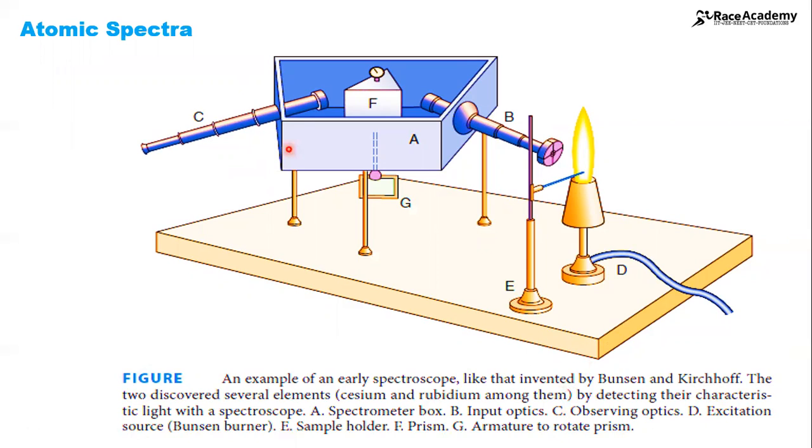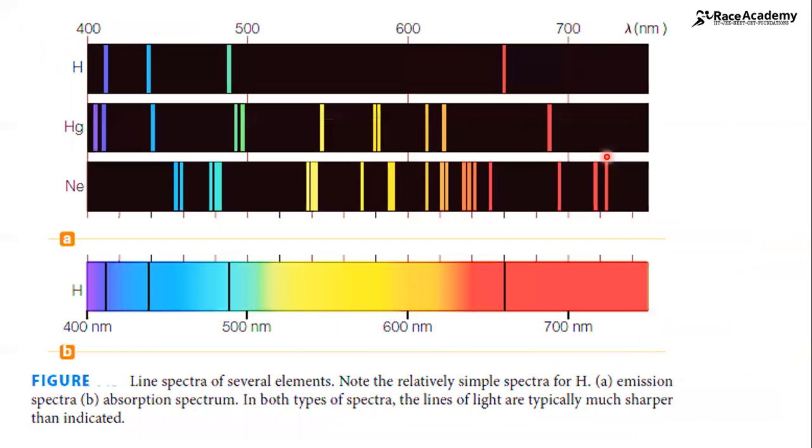So this is the apparatus for identifying the spectra. Here, between 400 to 700 nanometers, we see how hydrogen, mercury, and neon give their spectra. This is the exact line spectra of several elements.